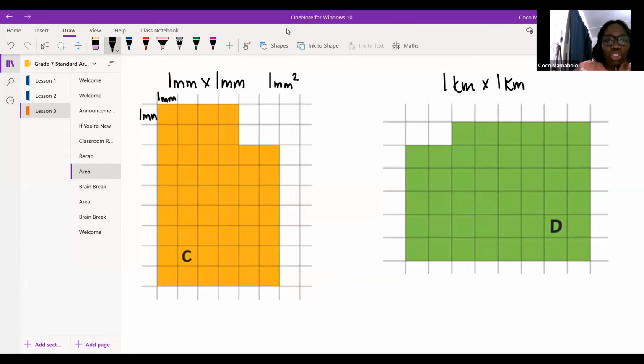But that's for just one square. How many squares do I have? Calculate how many squares I have all together, and that is what I'm going to multiply by my millimeters squared. I hope that makes sense.